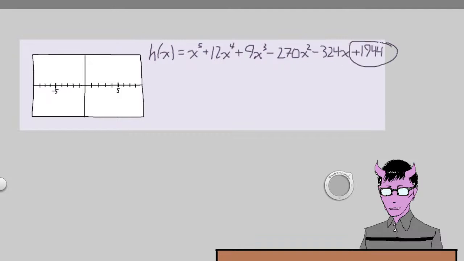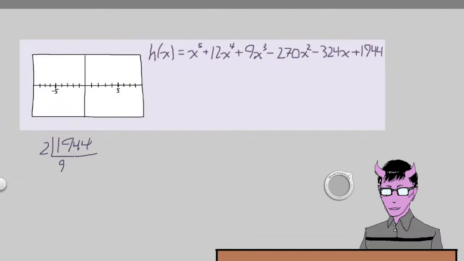In other words, we need to find candidates of 1944 and candidates of 1. That's really easy. This one is kind of a doozy. So let us first break down the 1944. What do we have? 2, I guess, is the easiest one to start off with, right?